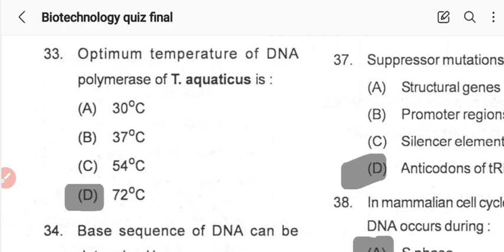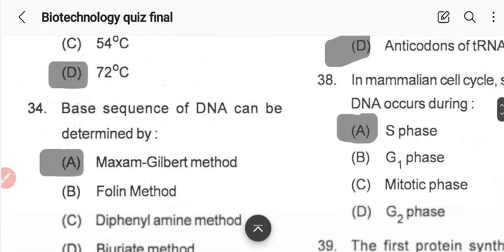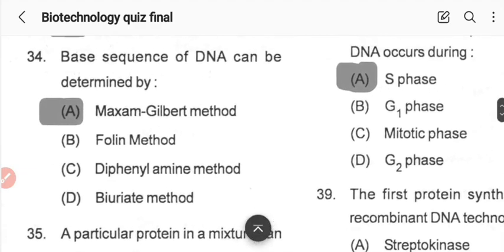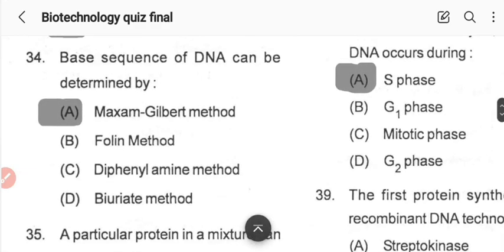72 degrees Celsius. So the most suitable temperature for Taq polymerase, as it is also called, is 72 degrees Celsius. Then the base sequence of DNA can be determined by which method? Maxam-Gilbert method. We can utilize this method.